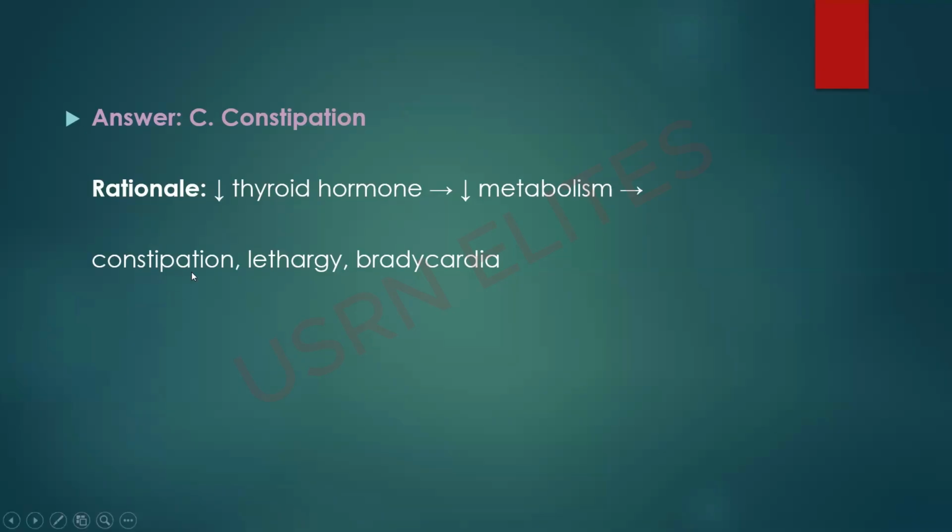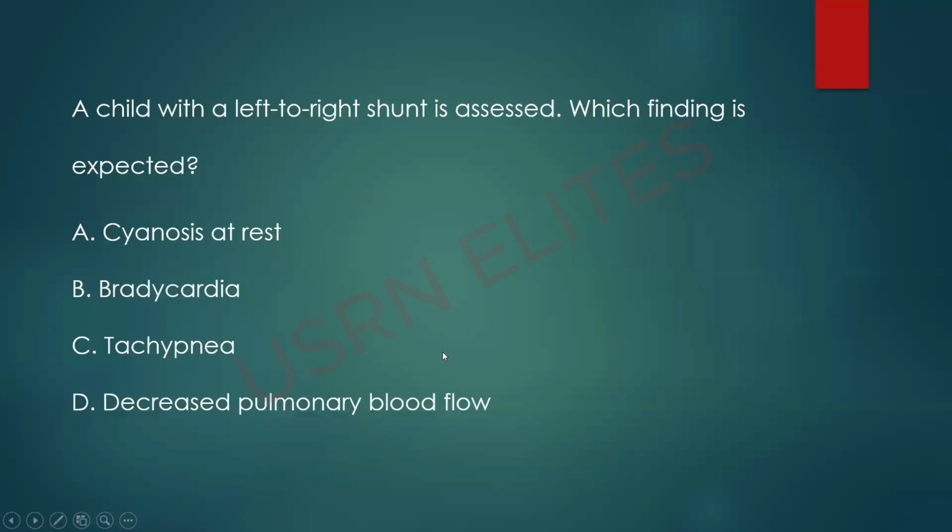But with hypothyroidism, things are low, so you have a slow GI, and when you have a slow GI, you get constipated. You lose energy, have lethargy, and you get bradycardia. All right. The next question.